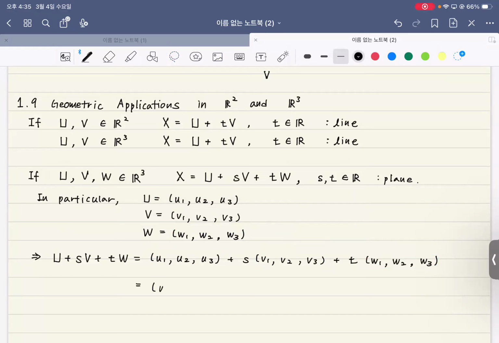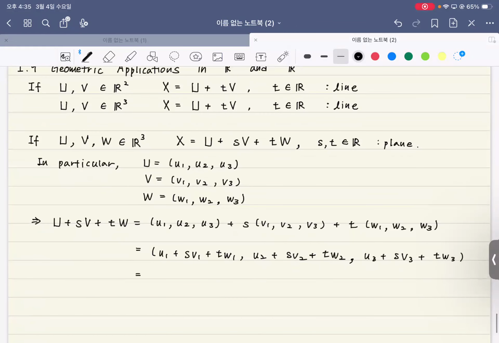So u1 plus sv1 plus tw1, u2 plus sv2 plus tw2, and u3 plus sv3 plus tw3.